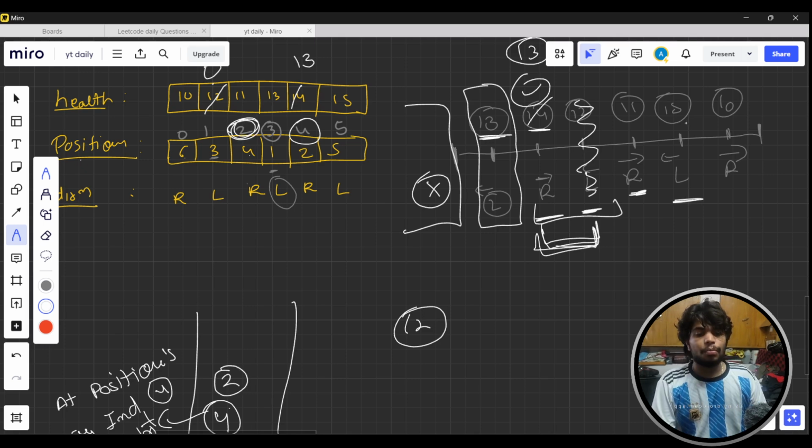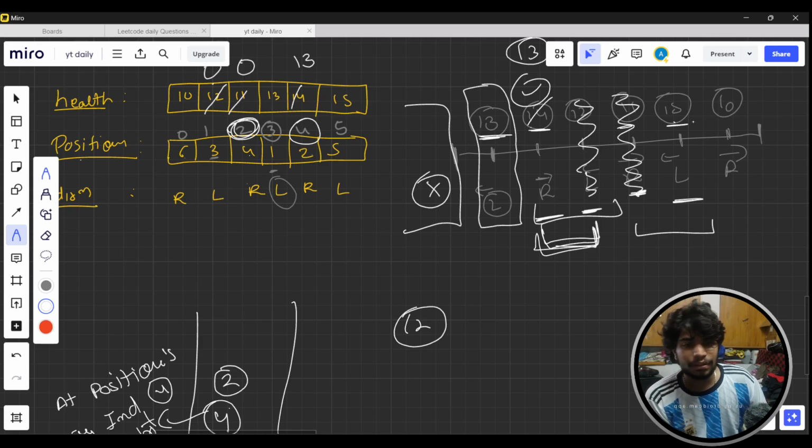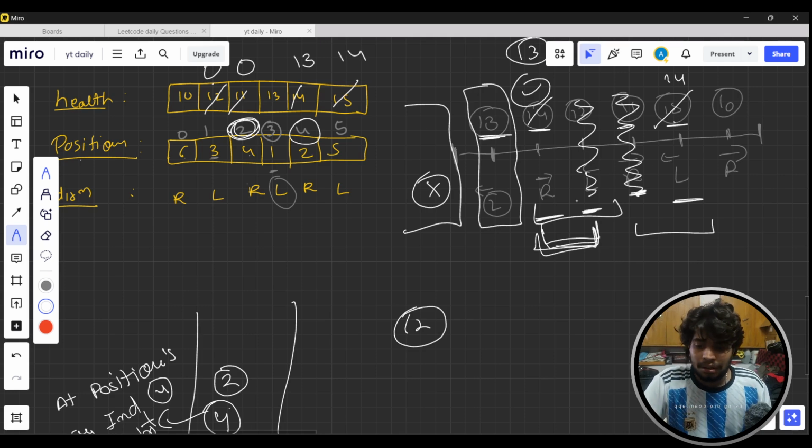After that there is a robot with health 15, which is moving left. So in between them, who will win? So for sure I know this will get killed. Its left robot value will also decrease by 1. I can just do this, and I just pop them.